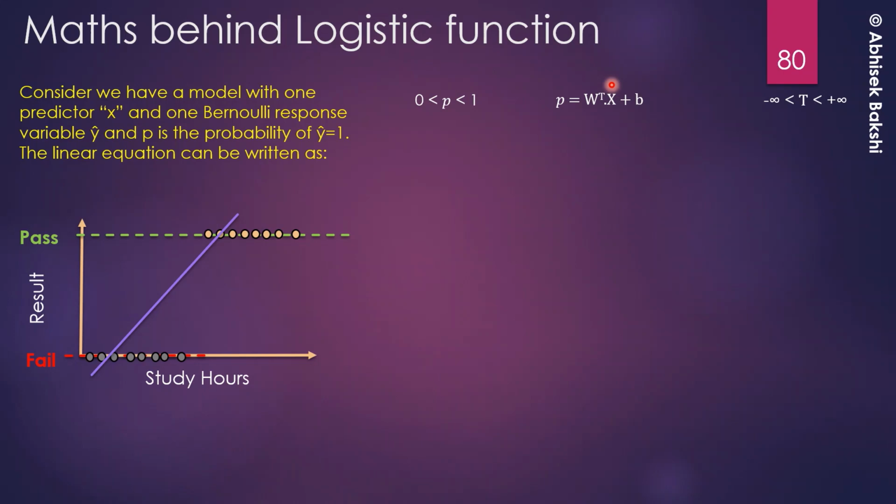And because of that, if you calculate mx plus c, that particular value can be in the range of minus infinity to plus infinity. So it is not possible to equate these two, because the left hand side of this equation ranges from 0 to 1, and the right hand side ranges from minus infinity to plus infinity.